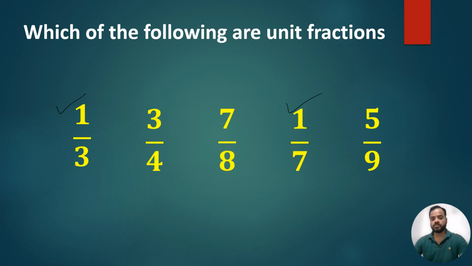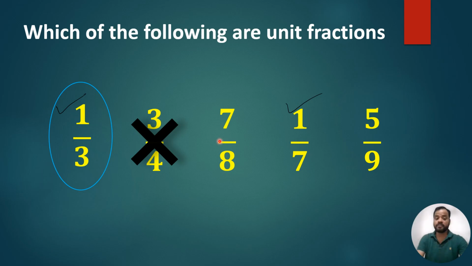Here the numerator is 1. Here the numerator is 3, 7 and 5. So in unit fractions, the fractions whose numerator is 1 are called unit fractions. So here 1 by 3 and 1 by 7 are unit fractions.